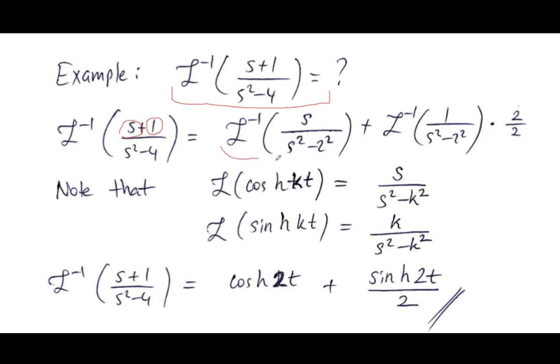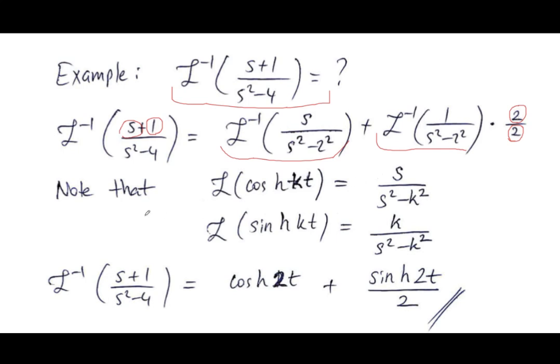So this is our first piece, and then we have the second piece here. For convenience, I multiply and divide both numerator and denominator by 2 over 2. It doesn't change anything in my original equation. I just divide and multiply with the same number.